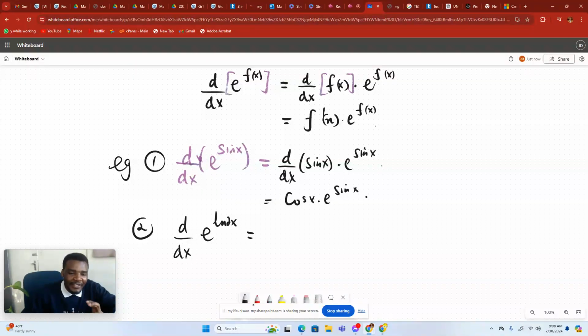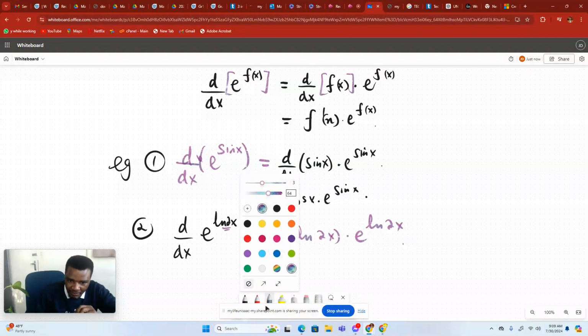The first thing we have to do is differentiate the power. So we need to start by finding the derivative of ln of 2x. Once we get it, we multiply the result by e to the power of ln of 2x.